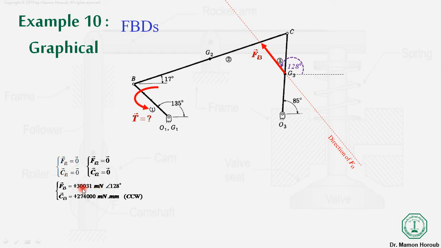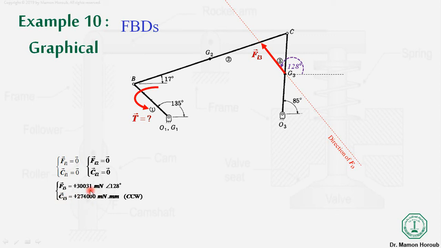Then we can have a scale in centimeters, because the force is in Newton. Once we scale it up to centimeters, we can put the length of this force that is applied on link 3. We are also given that an inertial moment is applied on this system.